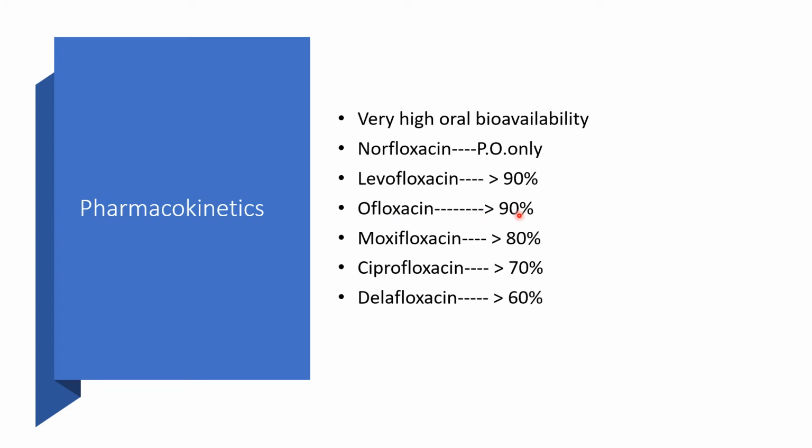Ofloxacin will give the same. Moxifloxacin is about 80%, while Ciprofloxacin is less compared to those above with 70%. Delafloxacin will be pretty low but still good to be given per oral with greater than 60% bioavailability.